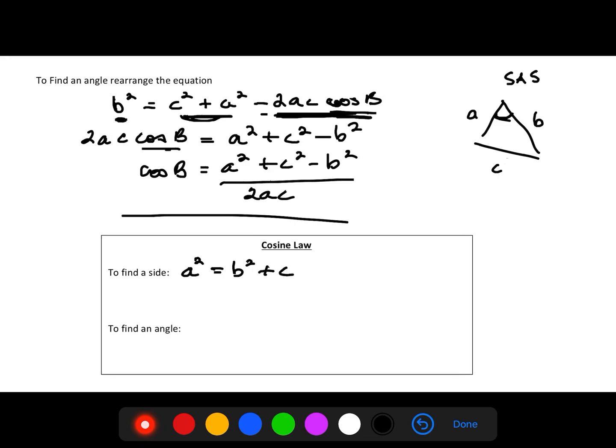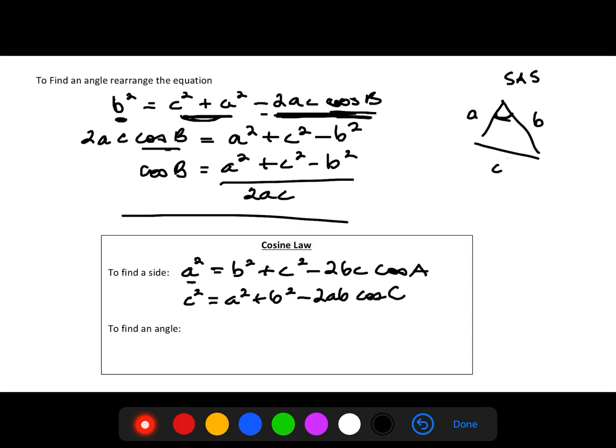So to find a side, a squared, we would have to take the other 2 sides squared and added together, subtracting 2 times those sides times the cos of the angle with the side we're working with or need to find.